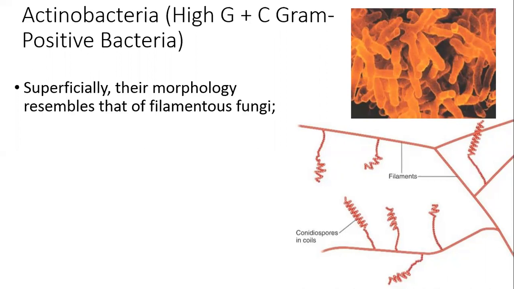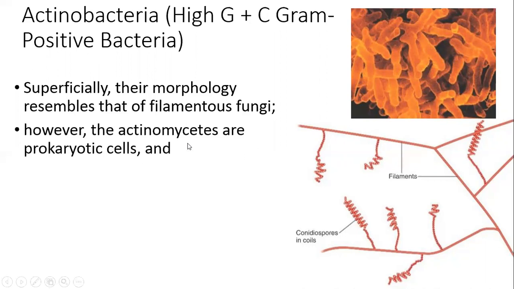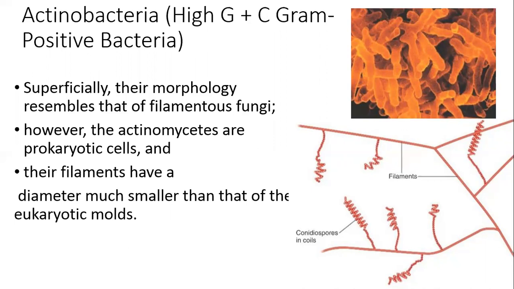So they resemble filamentous fungi morphologically, but the difference between fungi and the actinobacteria is that actinobacteria are prokaryotic cells, and secondly their filaments have much smaller diameter than that of eukaryotic molds.